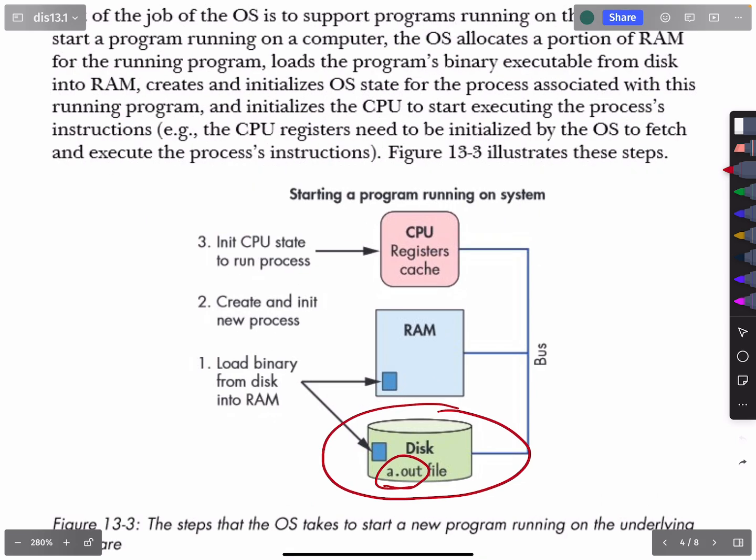It basically takes the data that is needed for the program and buses it all over into RAM, making it ready for the CPU to be able to call on that data whenever it needs any part of it. But it also creates and initializes a new process, and exactly what that means, we have to wait until we understand the details of these things better in a little bit. So this is still a high-level description, but in some sense, the operating system starts a process for this program.